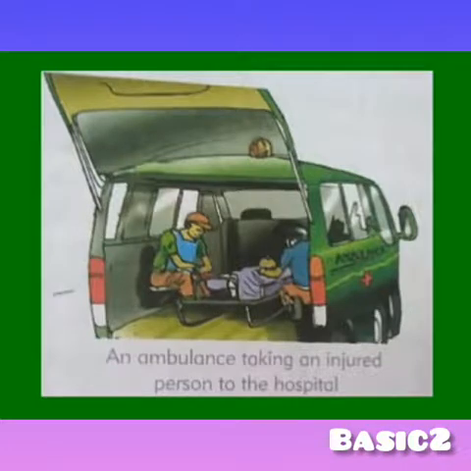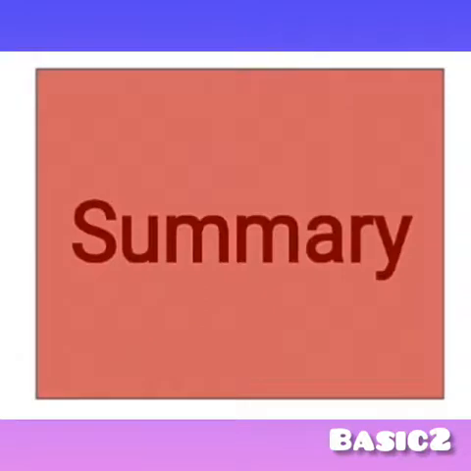Alright, it takes us to a summary. The topic is giving first aid treatment to road accident victims. We learned that first aid is the immediate treatment given to an injured person before being taken to the hospital.